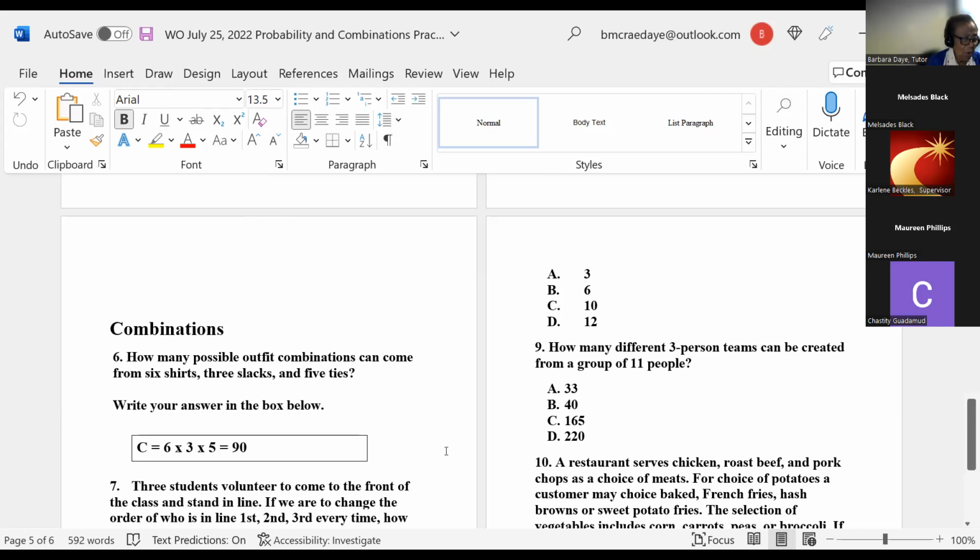But once you multiply this out, Mercedes, you have answered the question: how many possible outfit combinations can come from 6 shirts, 3 slacks, 5 ties? The 90 answers the question. My question to you is, why are you using that 90 to go further when that's your answer?